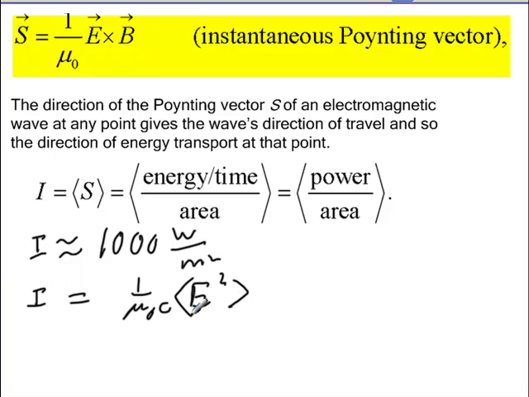Well, the time average of the electric field squared is just the RMS value squared, because the definition of RMS is to square it, take an average, and then take the square root.